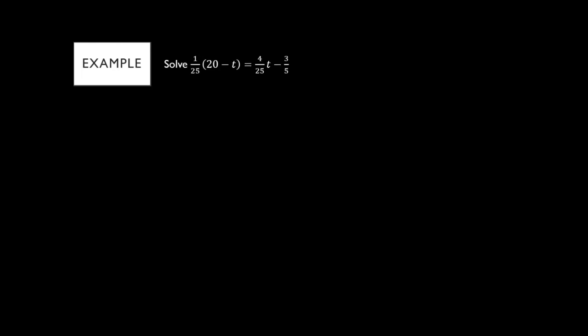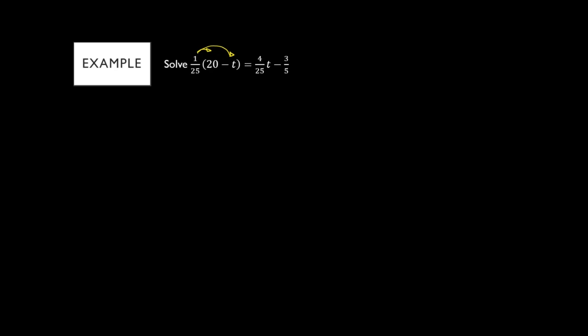You can eliminate fractions now, but I tend to see errors when people do that. So I recommend first distributing, so multiplying this 1/25 first and then eliminating fractions. So that's what we're going to do, is we're going to multiply that through first.